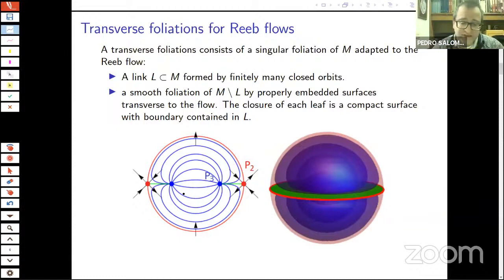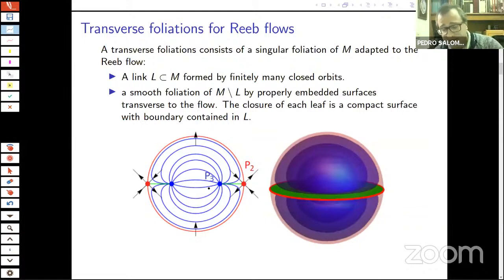This family of planes is foliating the interior as a one-parameter family of disks. But we see also here that there is a cylinder connecting the red orbit, the boundary of this three-ball, let's say, to the periodic orbit in the interior. So this gives a very simple example of a transverse foliation that could appear, adapted to a flow.